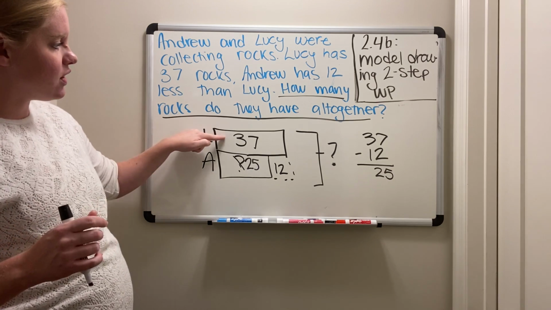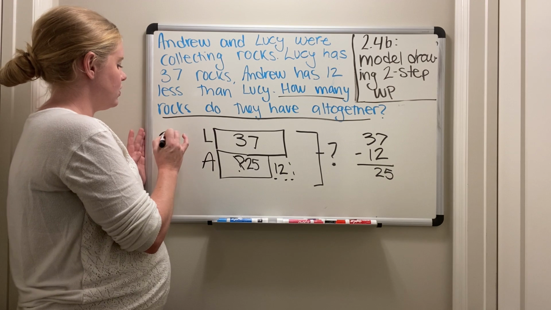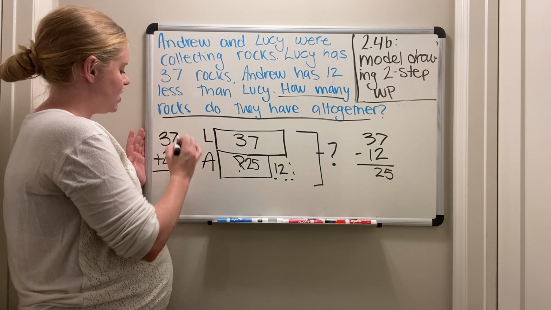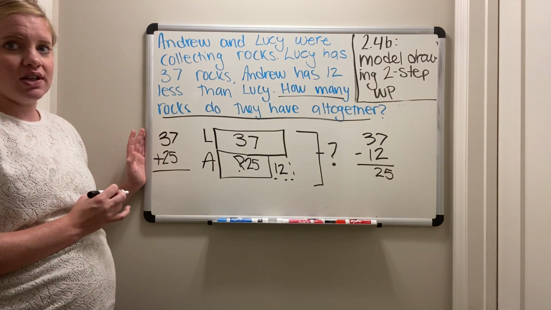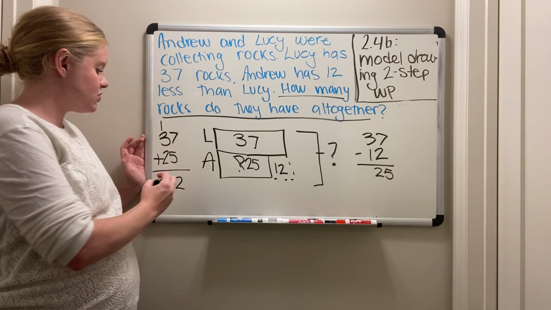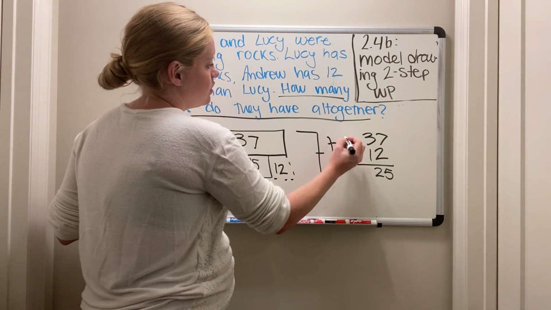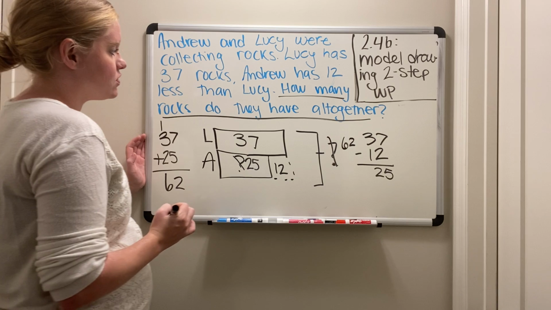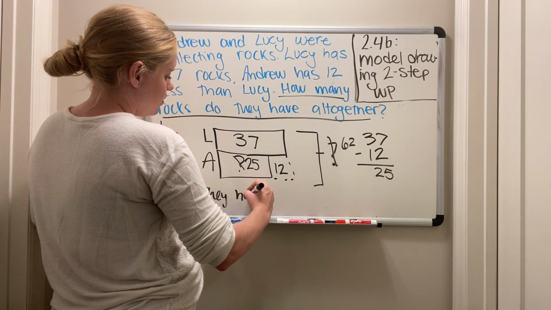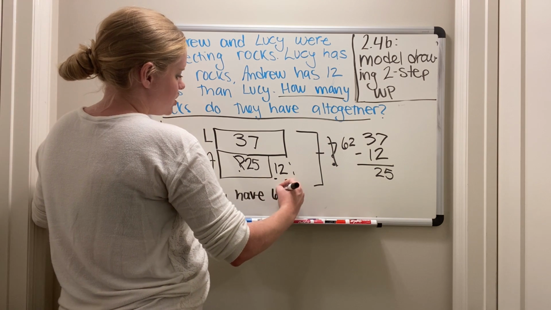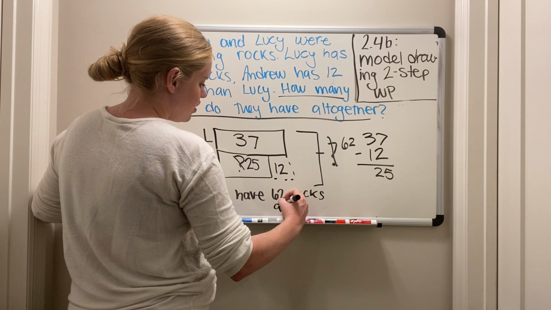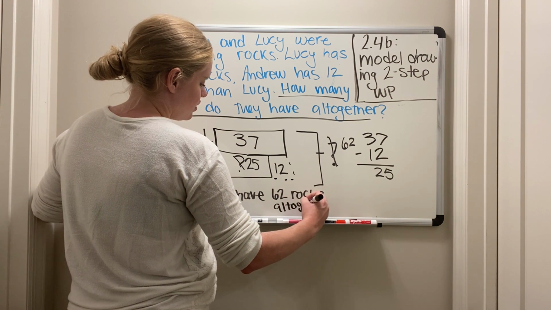So now we need to add our 37 and 25. 7 plus 5 is 12. 10 plus 30 is 40. 40 plus 20 is 60. So our answer sentence will be, they have 62 rocks all together.